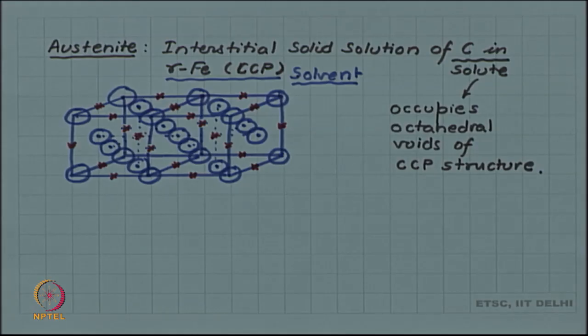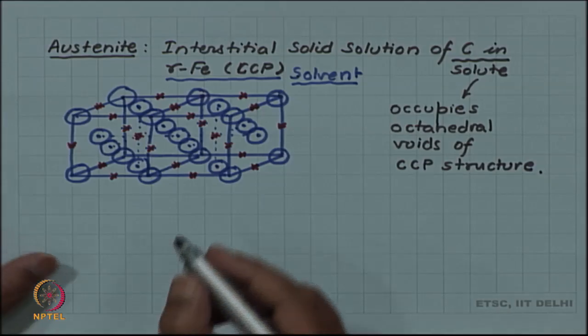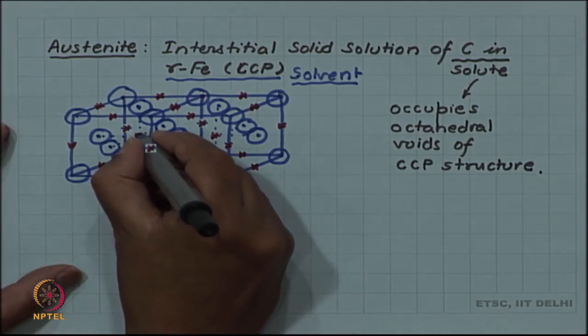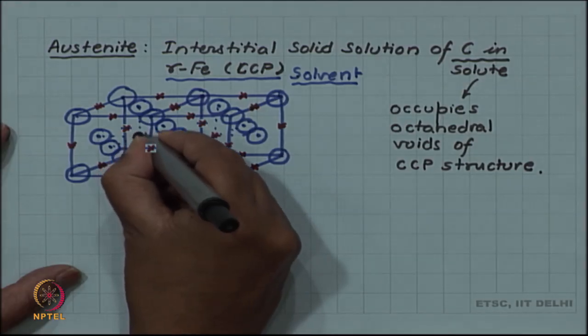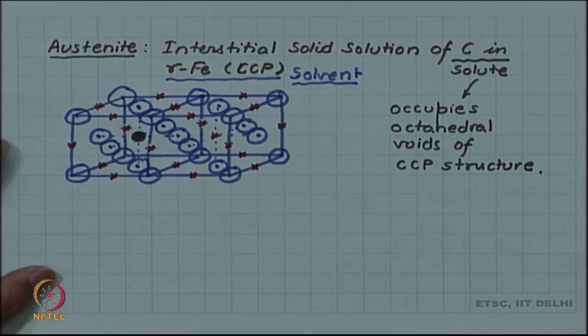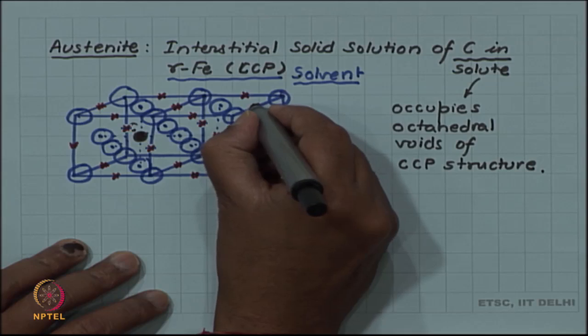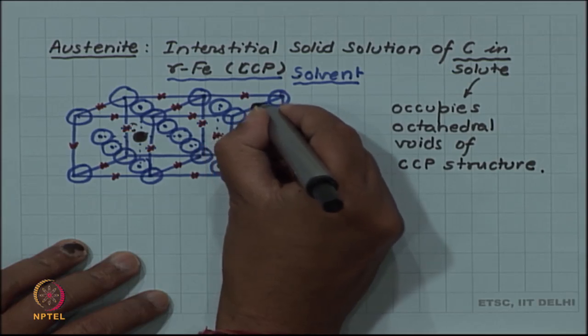Now, carbon will occupy some of these octahedral voids. So, let me in this unit cell put a carbon atom at the body center, that is carbon in the octahedral void in the body center there, and in this unit cell let me place a carbon atom at this edge.